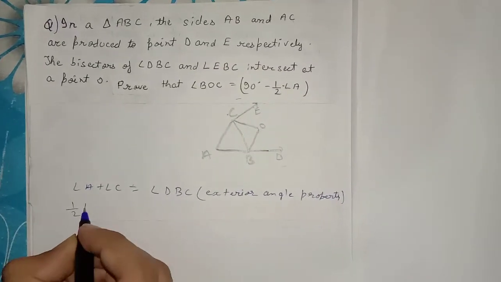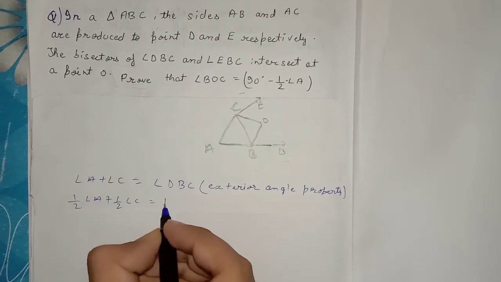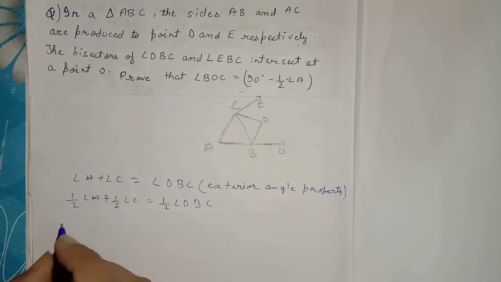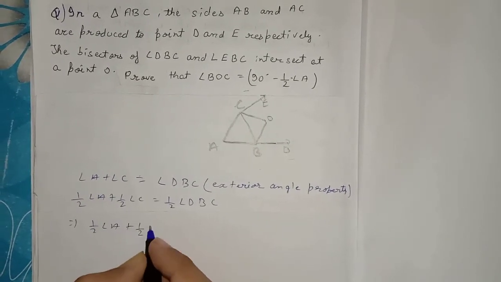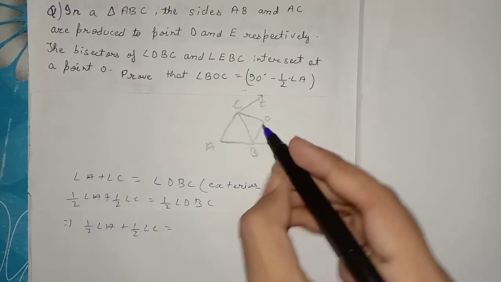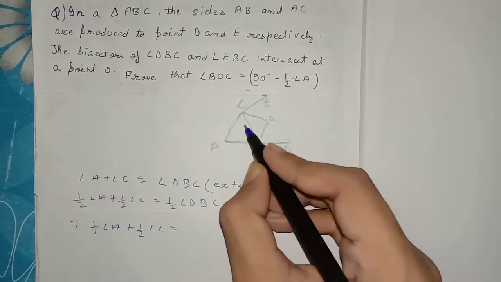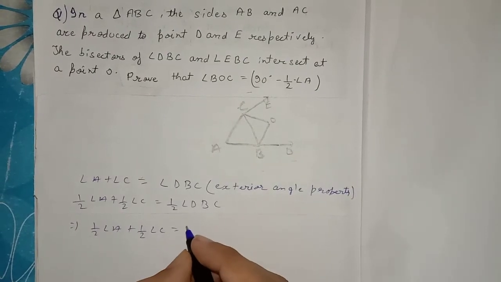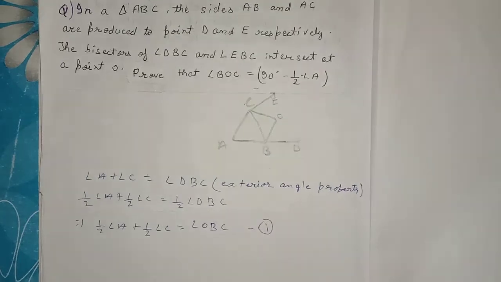So we can write that half angle A plus half angle C is equal to half angle DBC. OB is the bisector of angle DBC, so we can write angle OBC as half angle DBC. So angle OBC is half angle A plus half angle C. This is our first equation.